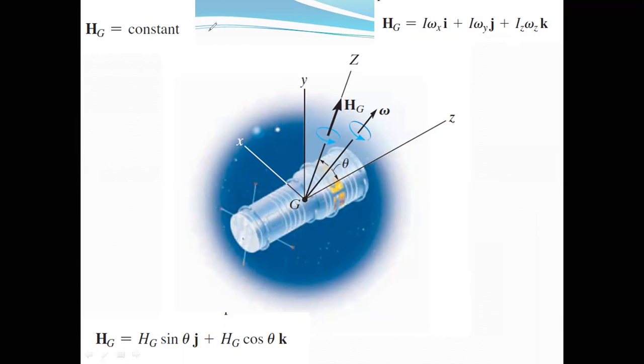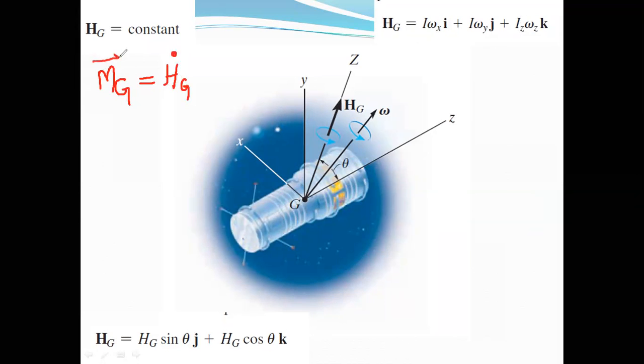Now, we said that there is no external force acting on the satellite. We know the summation of all the moments about the center of gravity is equal to the rate of change of the angular momentum about the center of gravity. We have already done this; in fact, we have derived this as well.